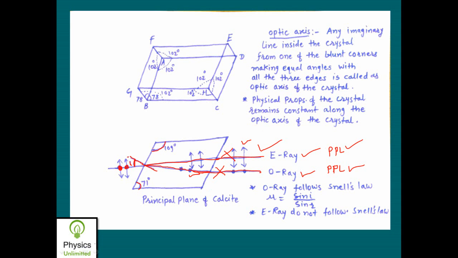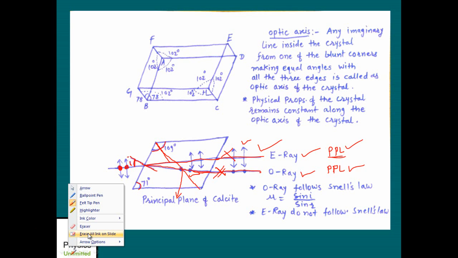So when the ordinary ray passes through this layer of Canada balsam, it gets totally internally reflected, and we can eliminate the ordinary component and transmit only the extraordinary ray in order to produce completely plane polarized light. Do you remember this Nicol prism? Hello? Yes, sir.